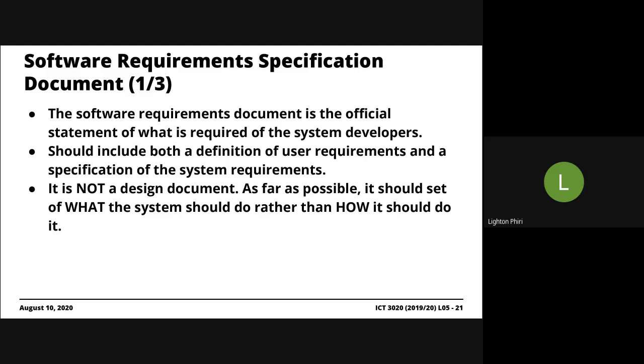It should include both the user requirements and the system requirements, and this makes sense because, besides feeding into what the developers are expected to do, it serves as a contract between the entity that's developing the software and the customers, the clients, right? So it's this formal contract, a reference point, if you will.